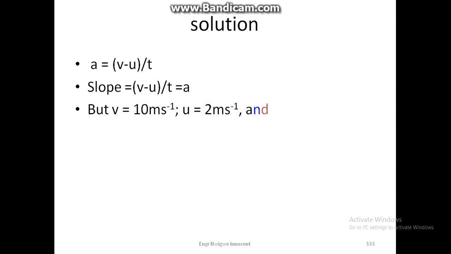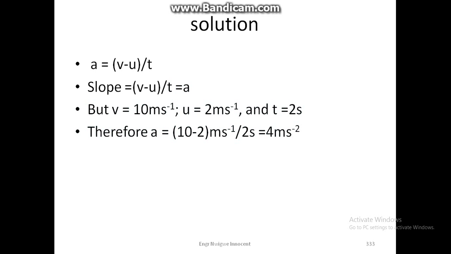But we are given from the diagram that the final velocity v is 10 meters per second, the initial velocity u is equal to 2 meters per second, and the time t is 2 seconds. Therefore, substituting the values, a will now be equal to 10 minus 2 meters per second all over 2 seconds, which will give us 4 meters per second squared.